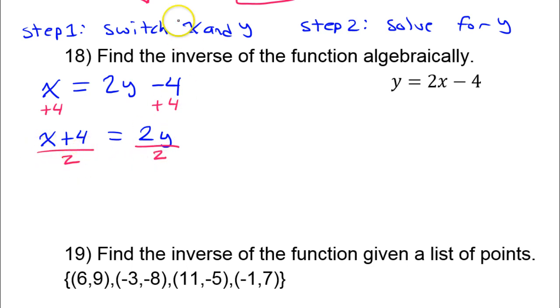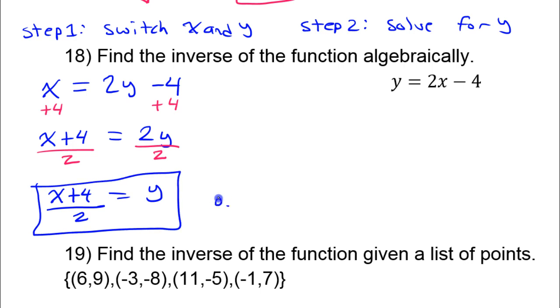Okay, now I have a choice. I can either leave it like this. Okay, so I'm going to have y equals x plus 4 over 2. Or I could have split this up, and while I'm at it, I'm going to reverse this around. I could have put the x over 2 and the 4 over 2.